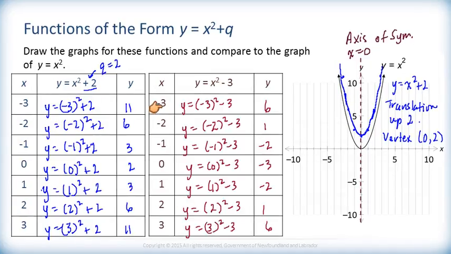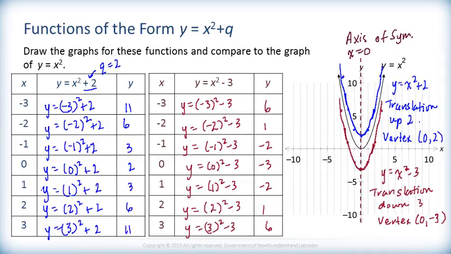Likewise, if I complete the table for this second graph, because there's a minus 3 at the end, I end up decreasing all my y values by 3 compared to the base graph. So plotting those points and tracing the base graph again, all I need to do is translate it down 3 units to fit over the plotted points.